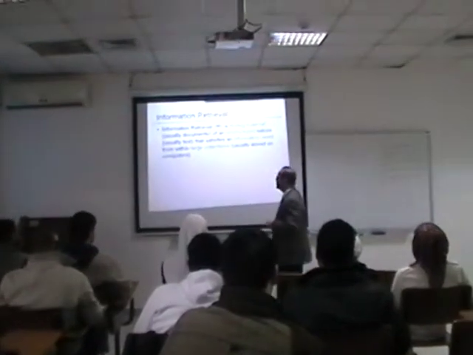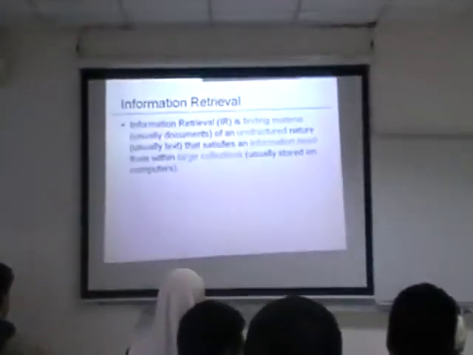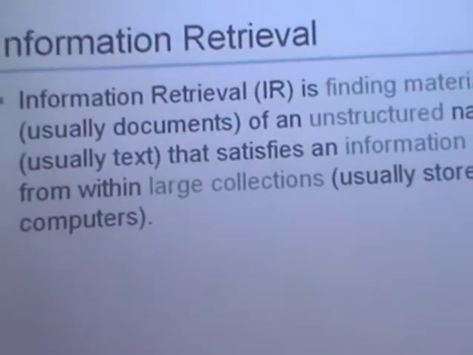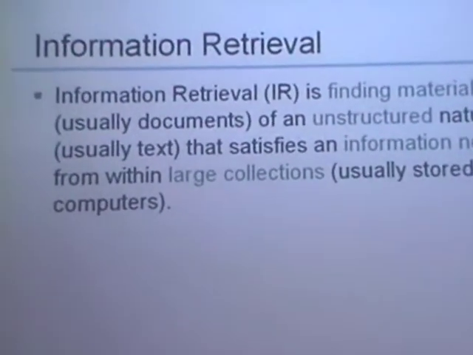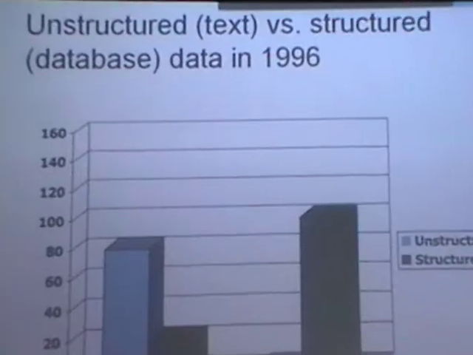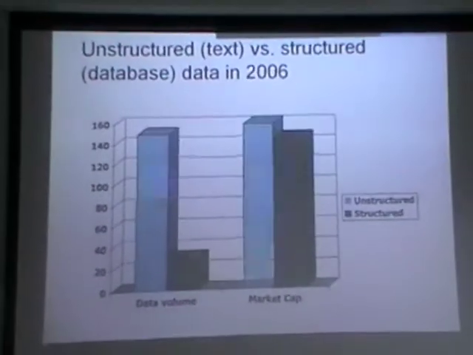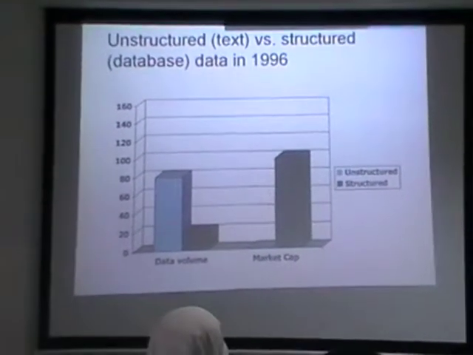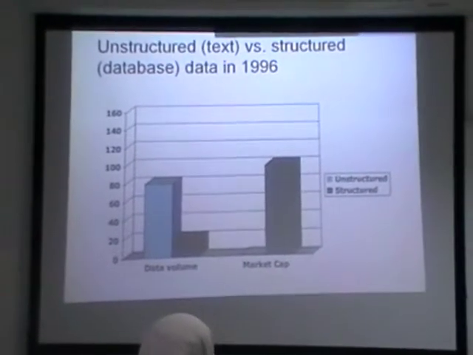So as an introduction, information retrieval is retrieving information from documents, as opposed to retrieving information from tables in a relational database. And these two slides are important to show the motivation for the course, for why we need information retrieval.